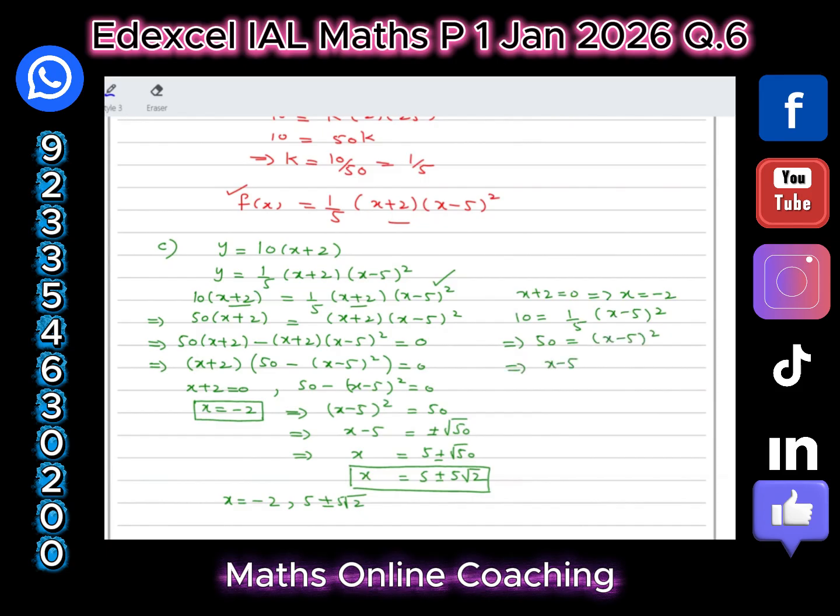Then (x - 5) squared is equal to 50. x - 5 is plus or minus square root 50, and it gives x is equal to 5 plus or minus square root 50, which is 5 plus or minus 5 square root 2. So the values are -2 and 5 plus or minus 5 square root 2. This is the alternate way. It completes the question.